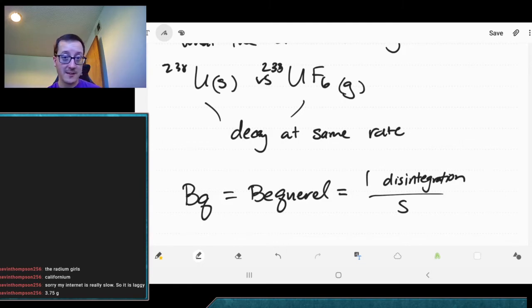So a becquerel is not a fixed unit, but you're looking at an instantaneous bit and say, okay, right now at this point, uranium is degrading at 80 million disintegrations per second. And tomorrow maybe there'll be 79.99999 disintegrations per second. But that's a unit that we deal with.